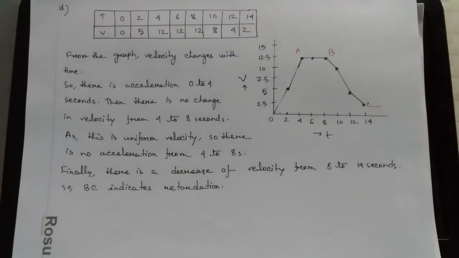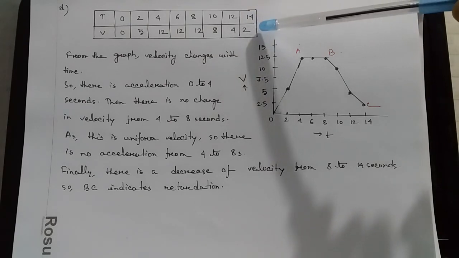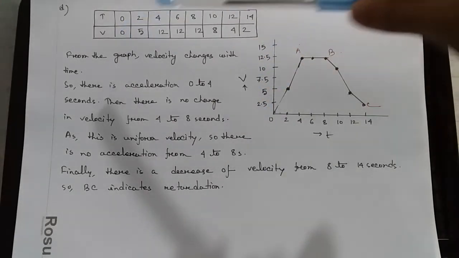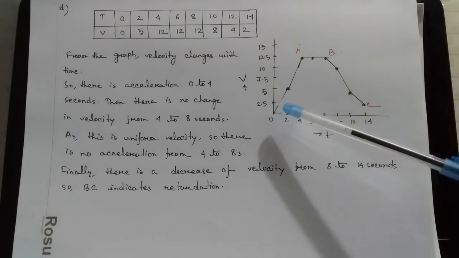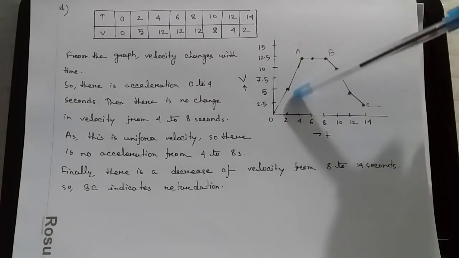Now, according to our table, or the list, we will try to draw the graph. From the table, for 0 seconds the velocity is 0. For 2 seconds, the velocity is almost 5.